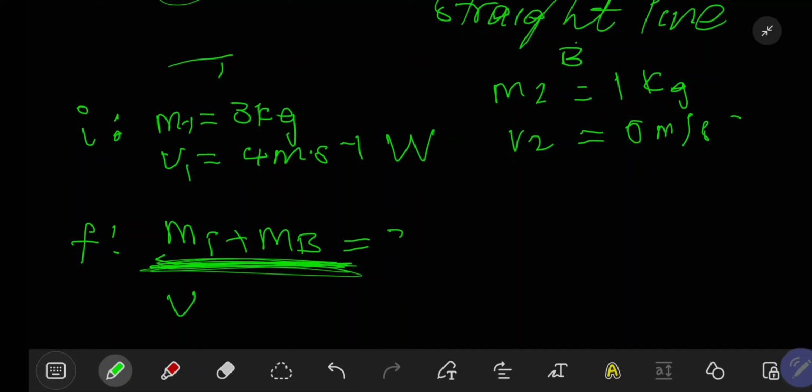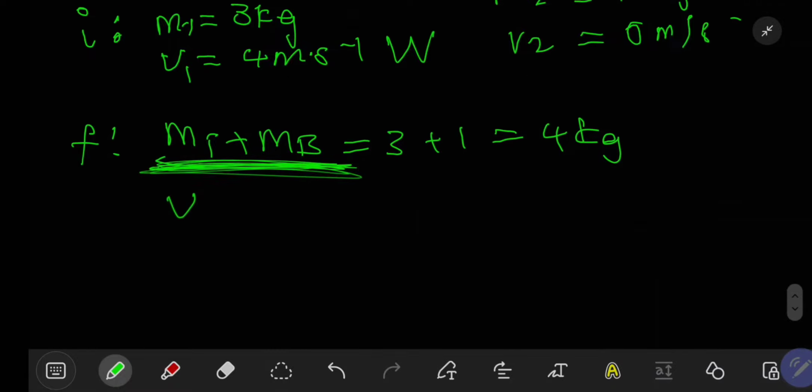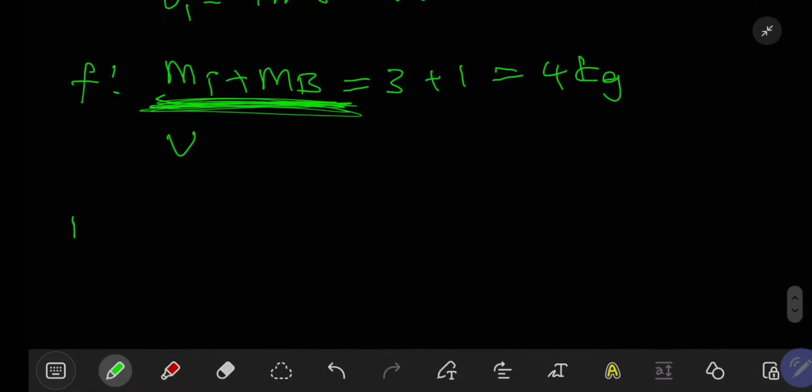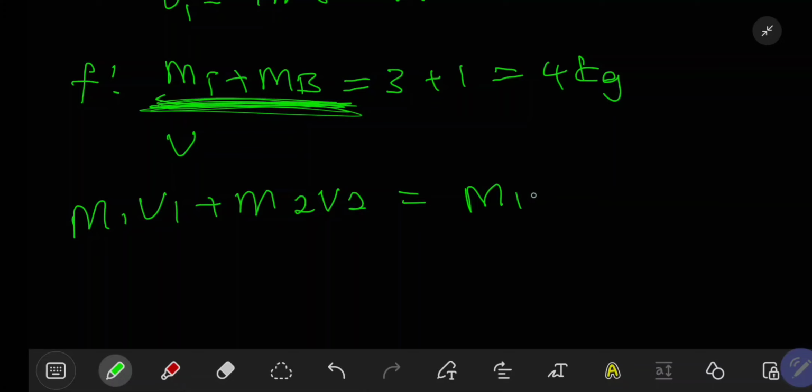Then we're going to use the principle of linear momentum, or the law. When we expand that formula, we know that it's going to be m1v1 plus m2v2, which equals, now the two masses are combined, they share the same velocity, so we can say this is m1 plus m2, and then they share the same velocity, just like that.